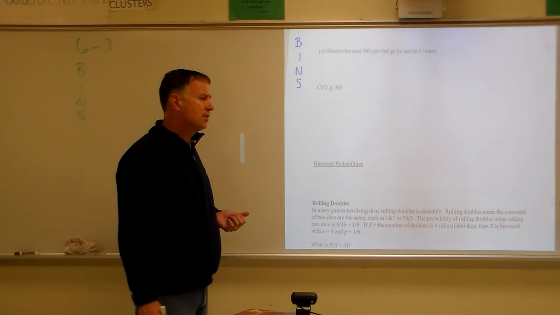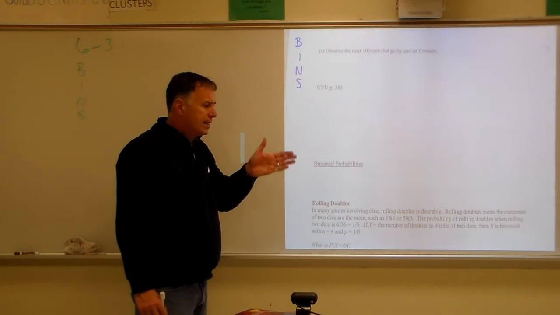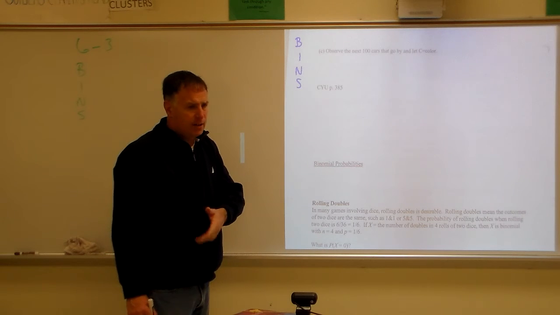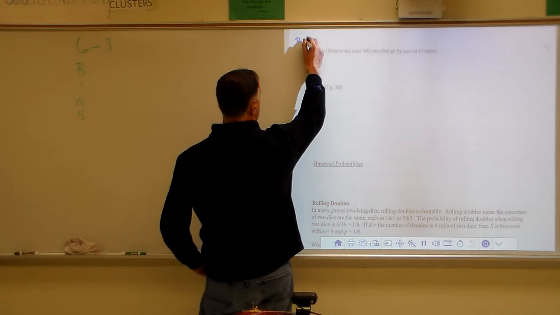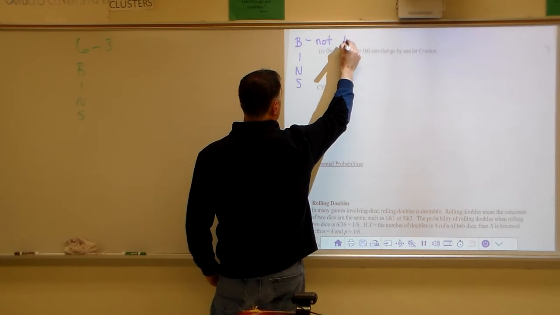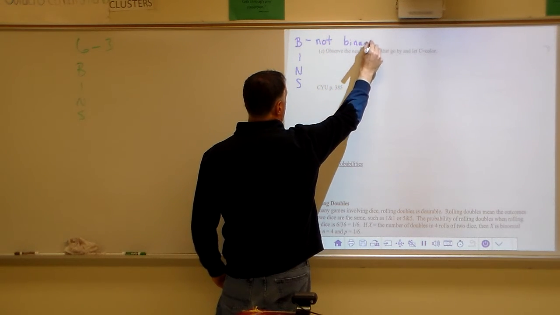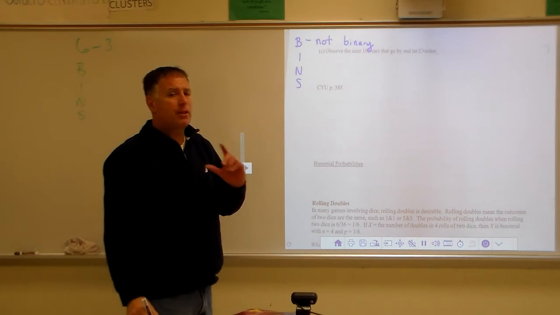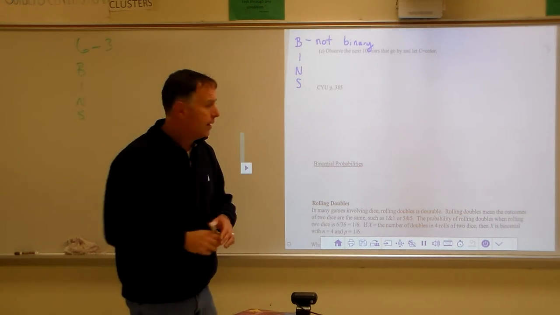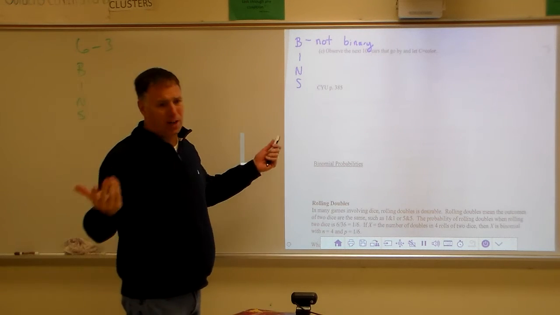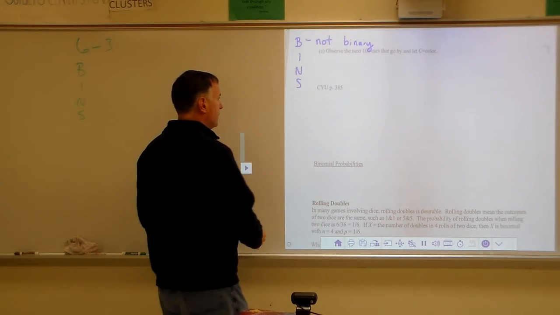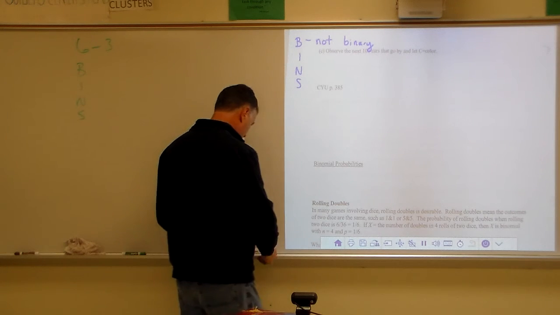It doesn't tell us that you're looking for red cars and cars that aren't red, or blue cars and cars that aren't blue. So it's not a binary situation. Not binary. Binary means two. It has to be one thing or the other. And here they're just saying let C equal color. So you could have a bunch of different colors, so it's not two things. All right? So that takes care of those.